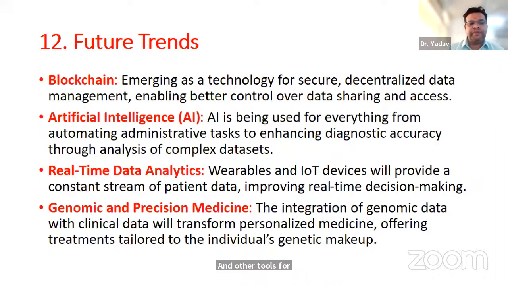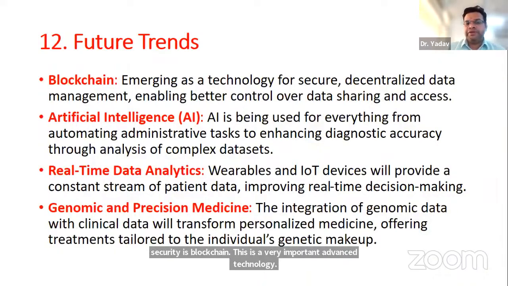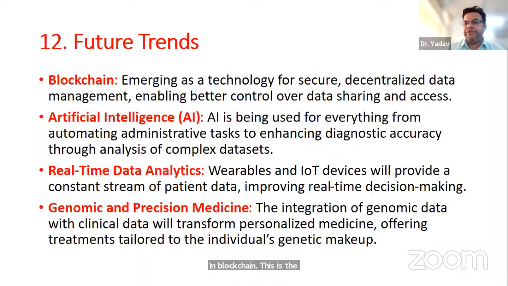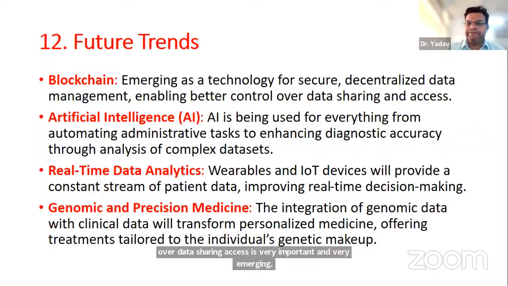So the first and very important tool for securing the data is blockchain. This is an emerging technology for secure decentralized data management, enabling better control over data sharing and access. This blockchain mechanism is a very important, emerging and advanced technology for maintaining the data security.